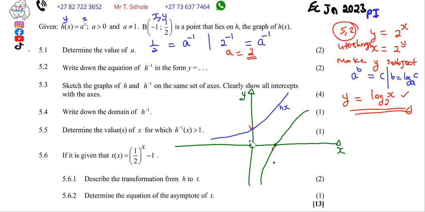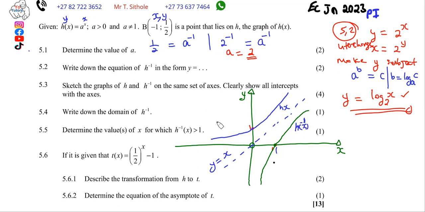So it's passing at 1, it's also passing at 1. Then this is the line of symmetry, y equal to x. Now, we have got h negative 1 there. That's the two graphs that we have.